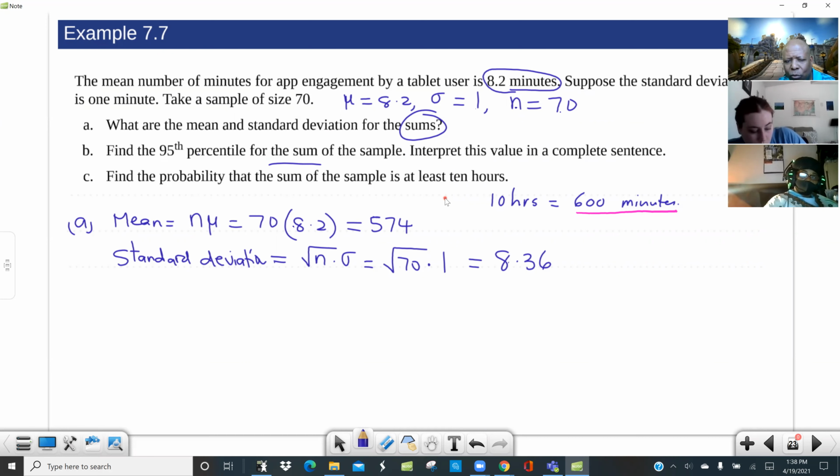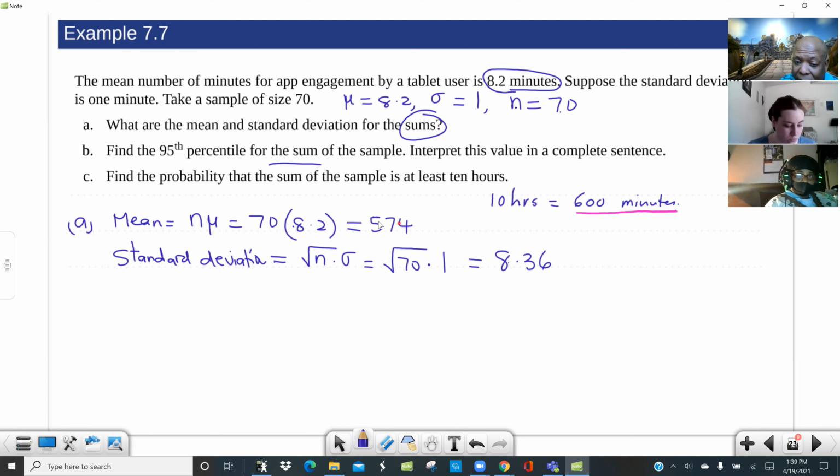Same thing. Well, these are sums, right? The mean is n times mu, where n is 70. N is the sample size, 70, times the mean of 8.2. If you multiply 70 times 8.2, you get 574.